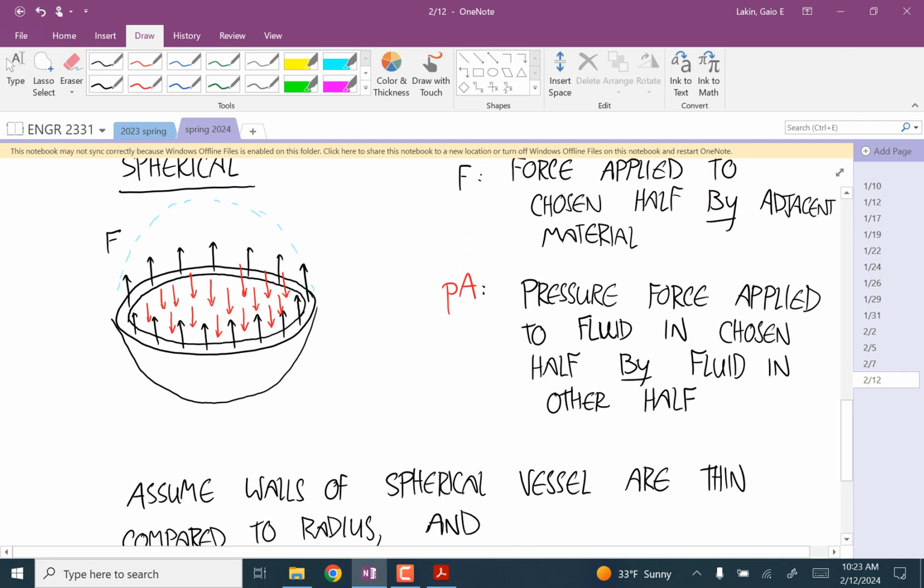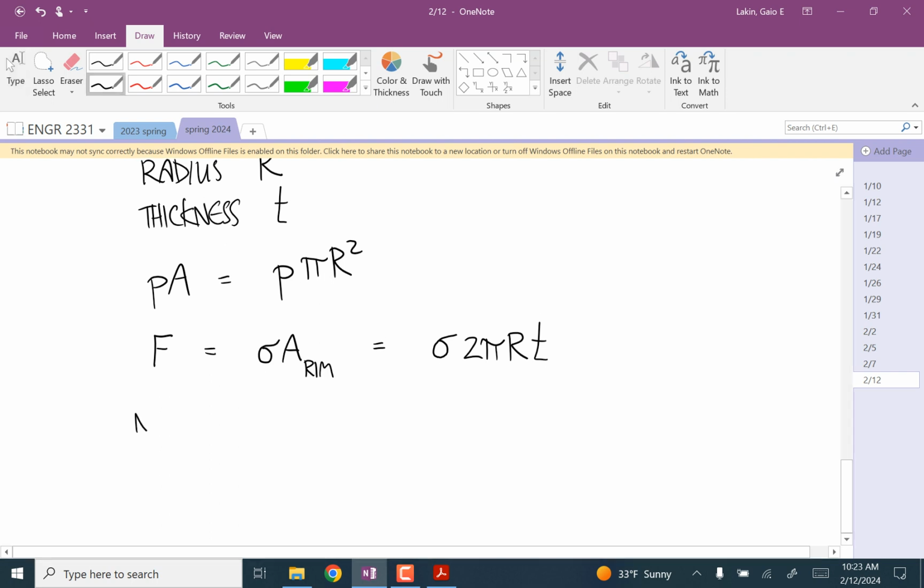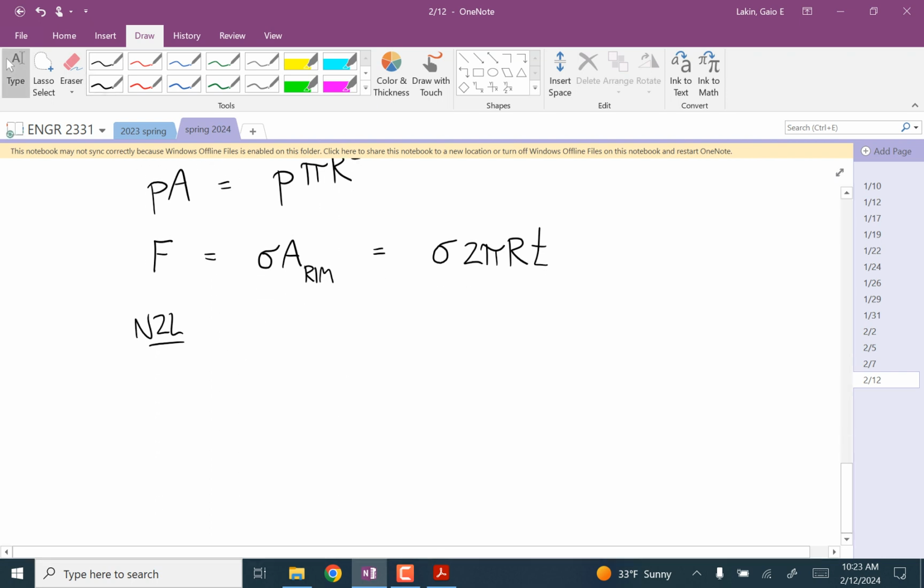And now for this to be in static equilibrium, Newton's second law says that these two have to be equal. And so sigma is equal to the pressure times R over 2T.